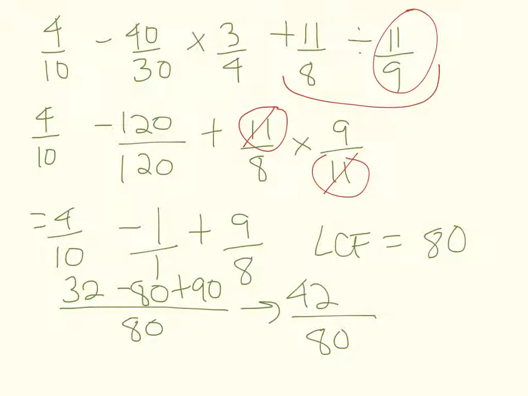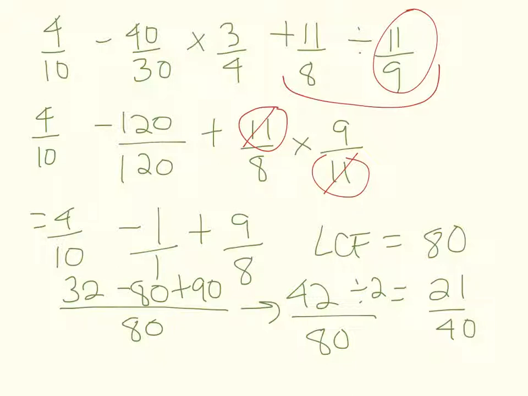And now we can reduce down. If I divide our numerator and denominator by 2, we will get 21 over 40. So at this point, we need to ask, can we reduce further? Look at the lowest number, in this case the numerator, and ask yourself, what are the factors of 21?